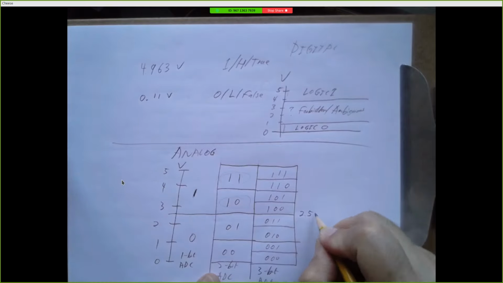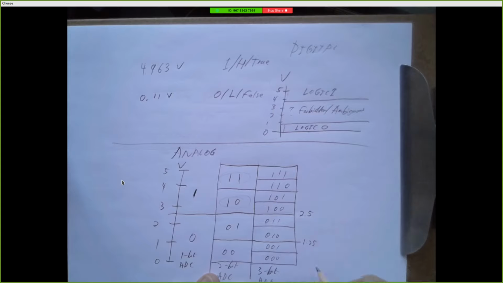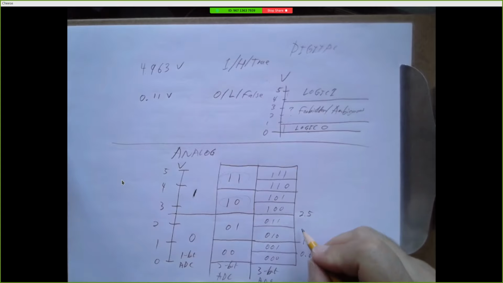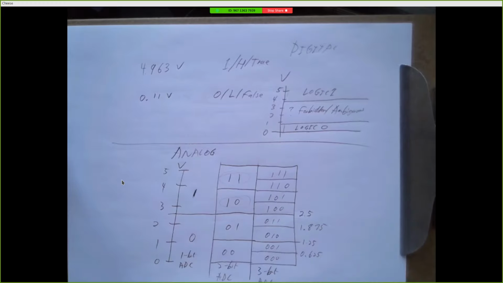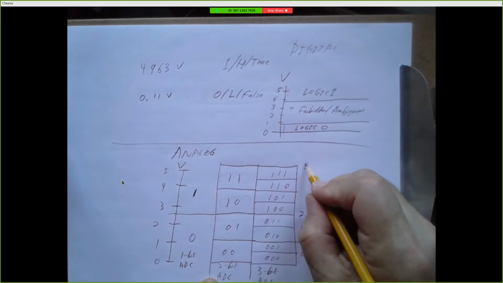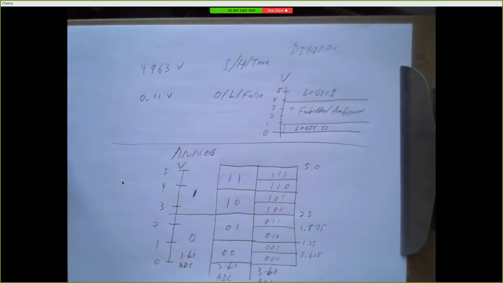So this is 2.5, this is 1.25, this is 0.625. This is 1.875. This is 5. I'm not going to do the upper ones.